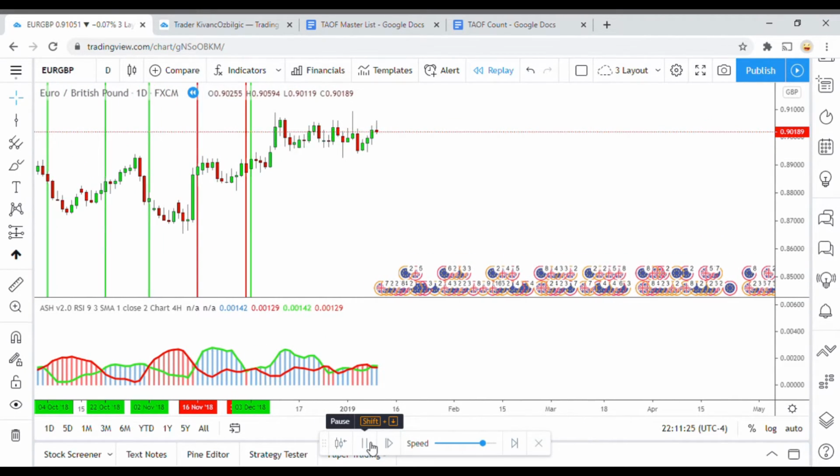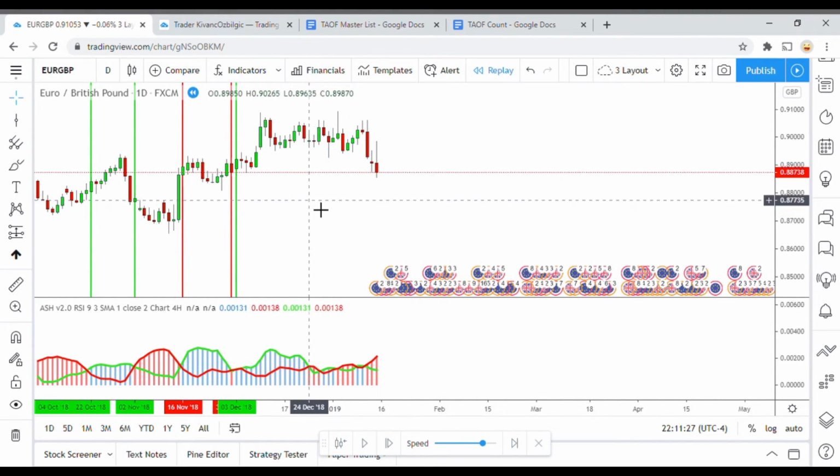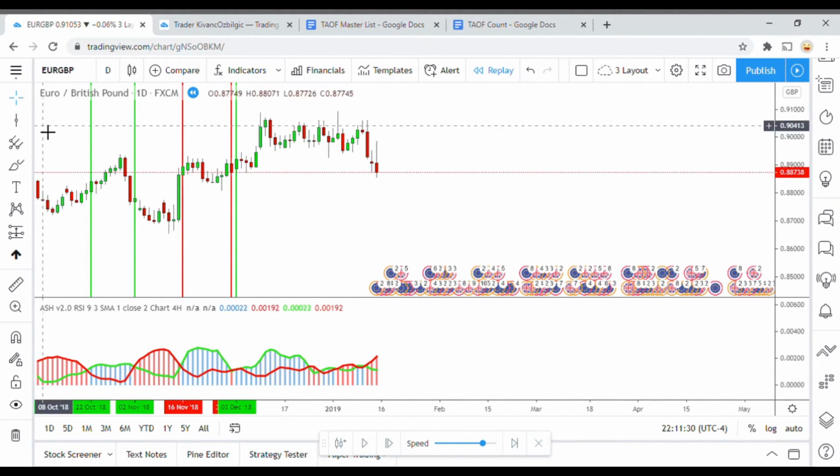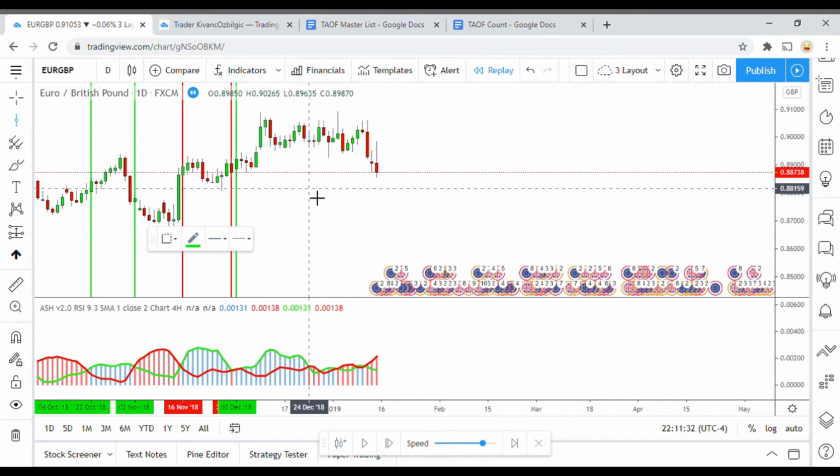See what it does here. Man, this thing just gets annihilated in choppy markets. What a shame.